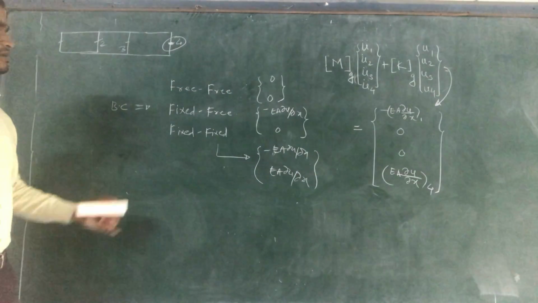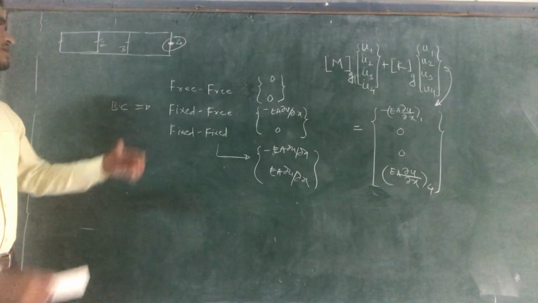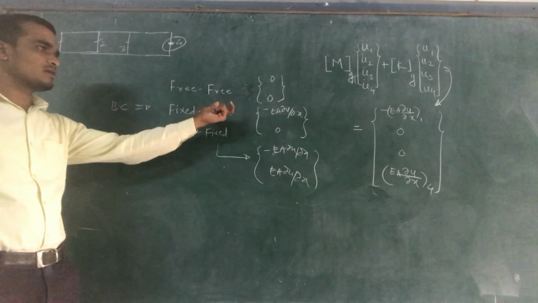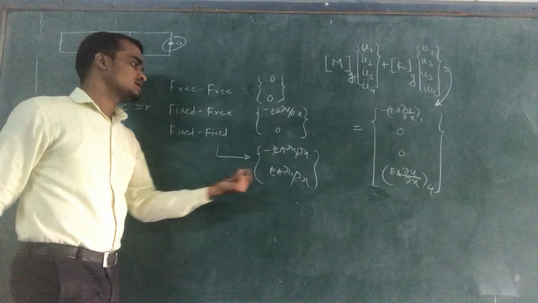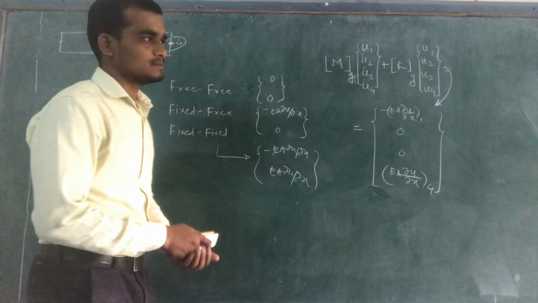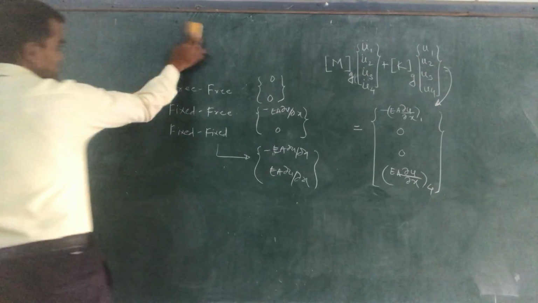These are the three boundary conditions which can be applied in vibration problems. If free condition is there, then both boundary terms should be 0. If fixed-free is there, then one term should be there. If fixed is there, then both terms should be there. In this way you can write down your boundary conditions.